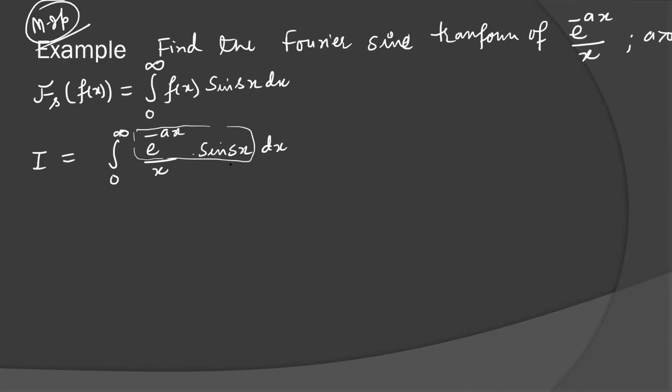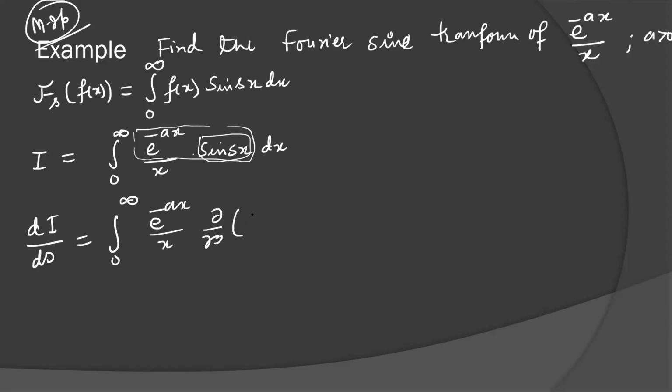How can we eliminate it? If we differentiate this function with respect to s, then we get x in the coefficient, that will cancel out. So differentiate with respect to s both sides using Leibniz rule. So e to the power minus ax over x, the partial derivative del by del s of sin sx, dx. The rest two terms are 0 here.